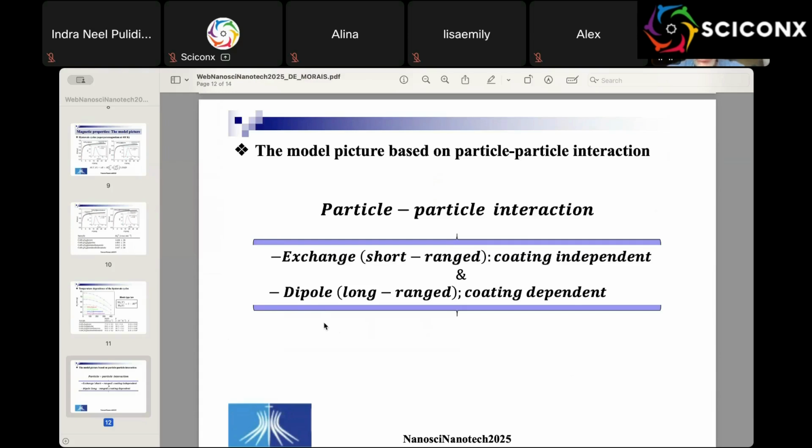So as you increase the thickness of the coating, the dipole-dipole interaction reduces, and that reduces the saturation magnetization at 0K. Next slide, please.